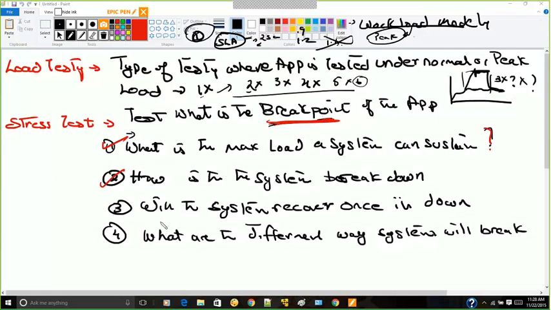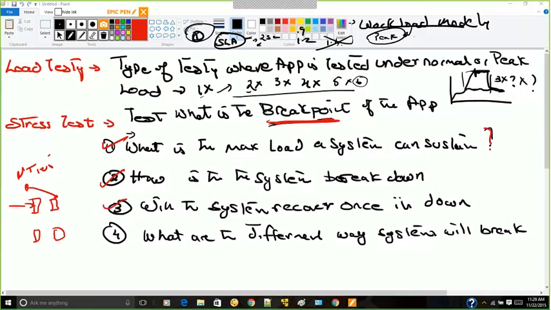Will the system recover once it's down? We have seen the entire architecture, where you have multiple web servers and multiple app servers. If one server goes down, automatically the load balancer will move the load to the other server. So it is either able to recover or not able to recover.